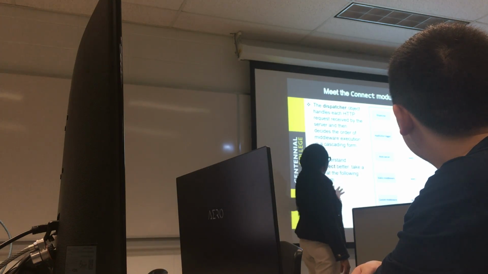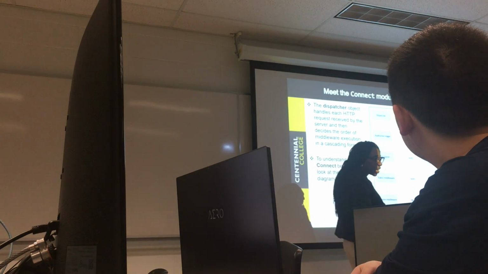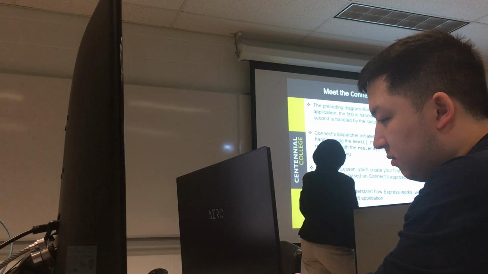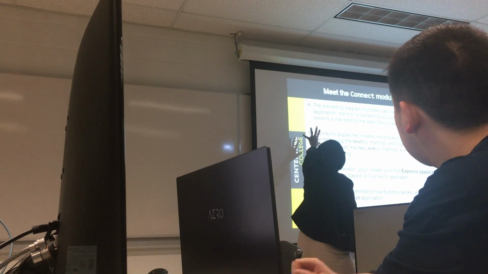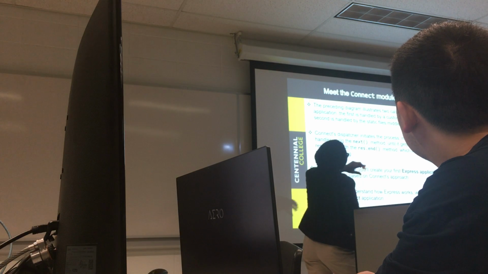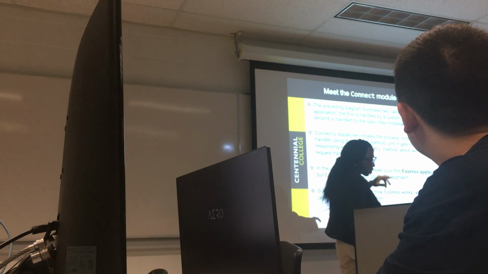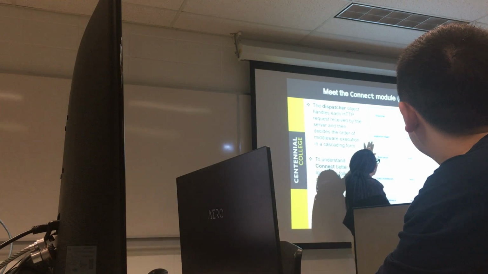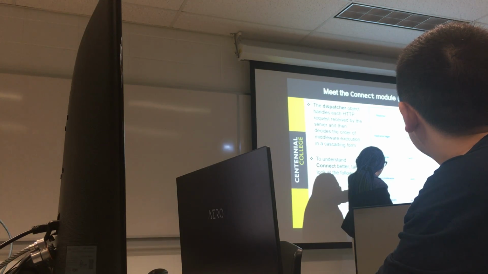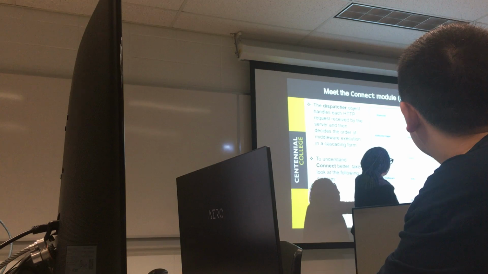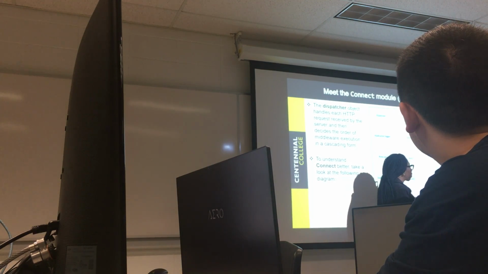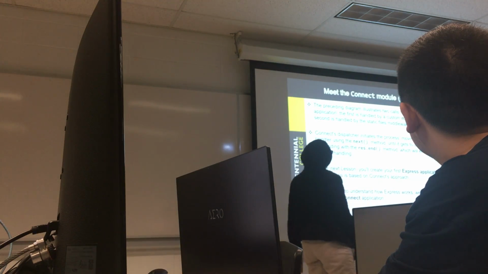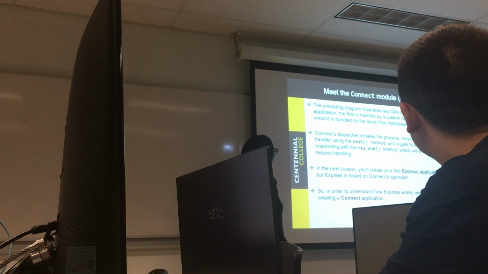To understand connect, you look at the diagram, and this is an explanation of the diagram. Here we have two calls made to the connect application. You have the dispatcher, the application logger, the body parser, the static middleware, the custom middleware. So we are trying to make a request to the server.